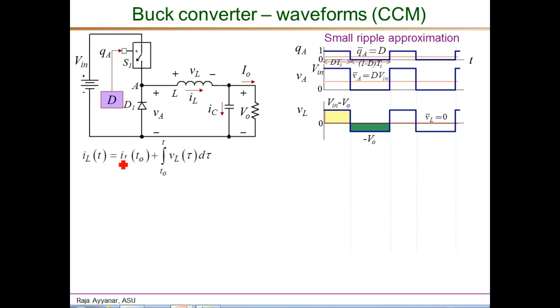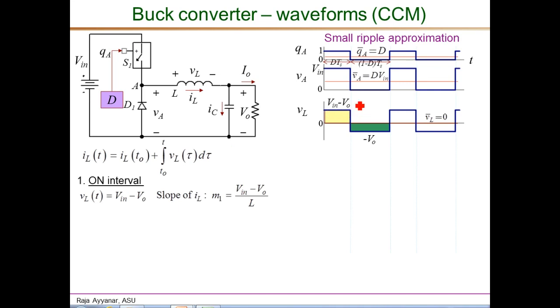Here the small ripple approximation makes it easier to draw the waveform of the inductor current because essentially the inductor voltage is made to be a constant during the on interval and during the off interval as well. Therefore, the inductor current waveform would be linearly rising and falling waveforms, essentially a triangular wave shape.